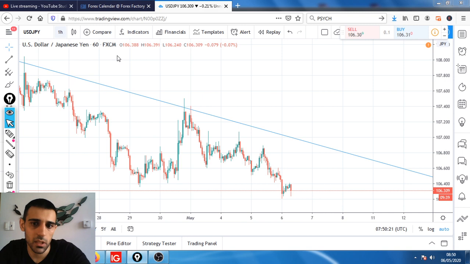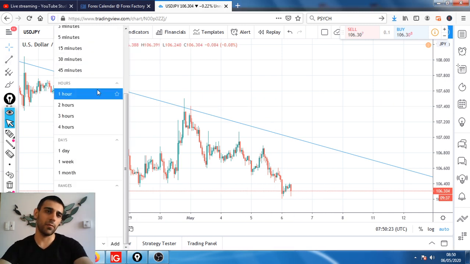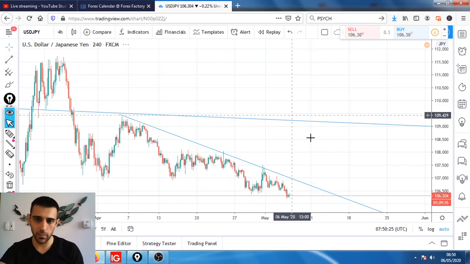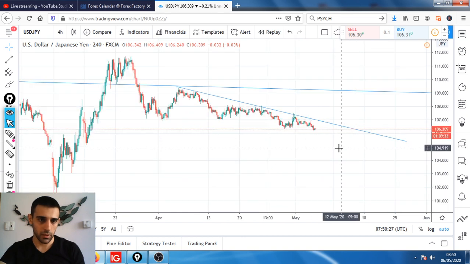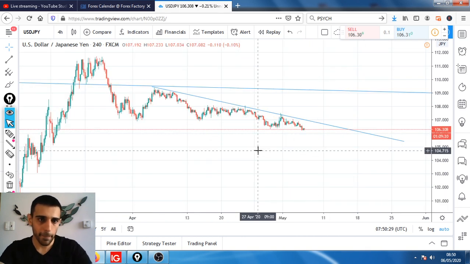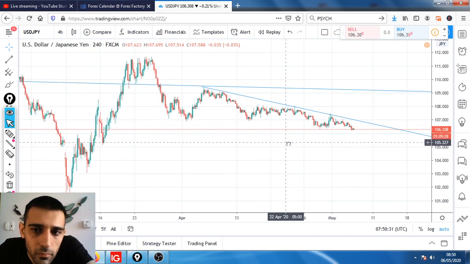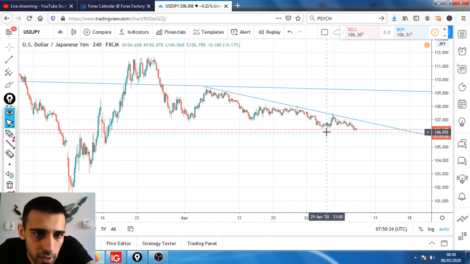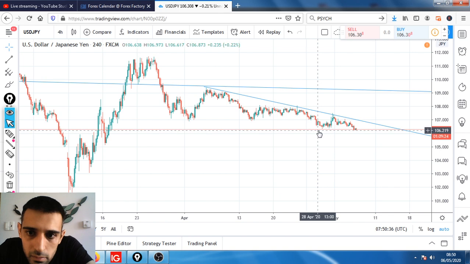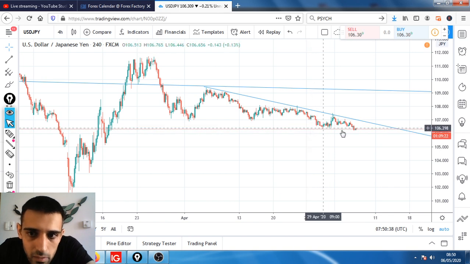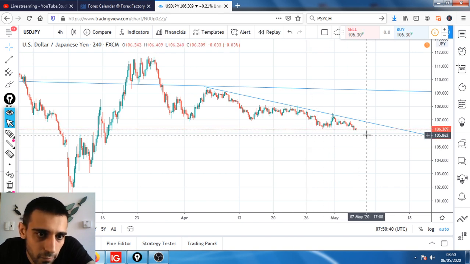The targets, we're gonna use the 4-hourly time frame. The price already has broken down. It's already taken out this low, so there's a good chance the price is going to continue to fall.